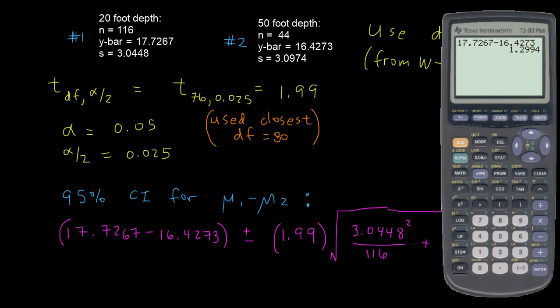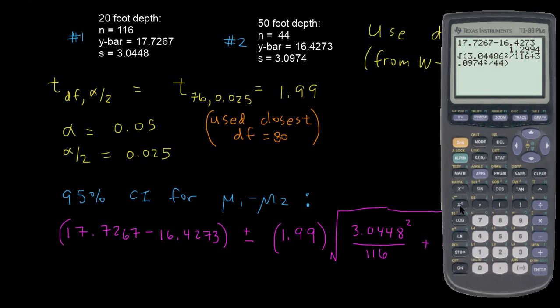I think before I do much else, I want to estimate or get a value for our standard error, that big square rooted quantity. So I'm going to do that first. The 3.0448 squared divided by its sample size of 116 plus 3.0974 squared divided by 44.